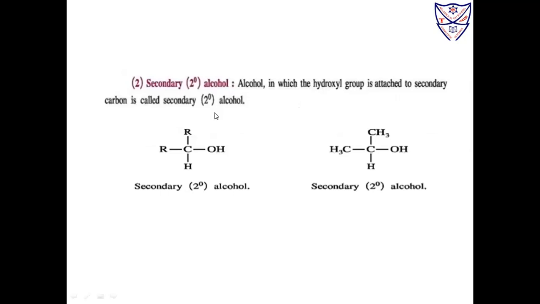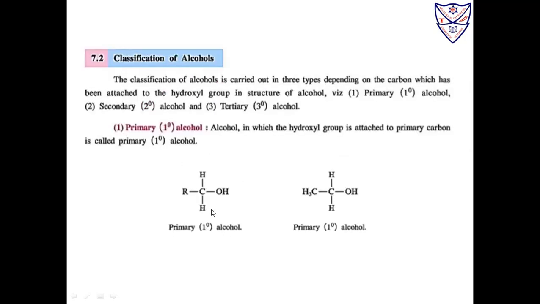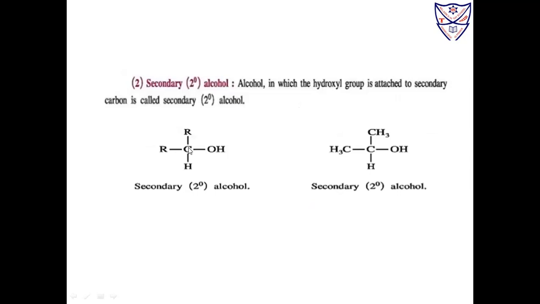Second, the alcohol in which the hydroxyl group is attached to the secondary carbon. This is the secondary carbon now. Why secondary carbon? Here we have a CH3 and the C attached to one more carbon. Now this is secondary because two CH3 groups are there, so it's a secondary alcohol.